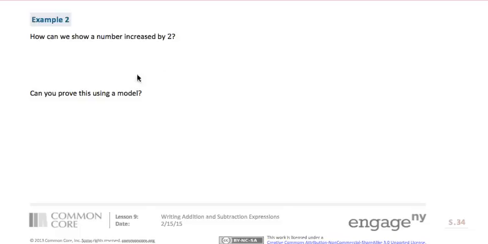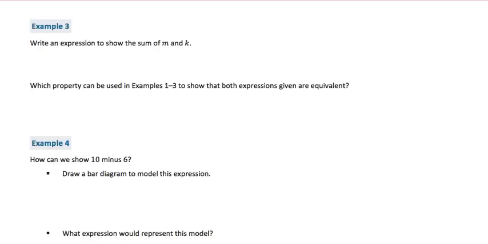And continuing with the bar diagram, they ask us how we can show a number increased by 2. So we can draw the model. Showing A for my first piece, and then being added on by 2. And example 3 asks us to write an expression to show the sum of m and k.